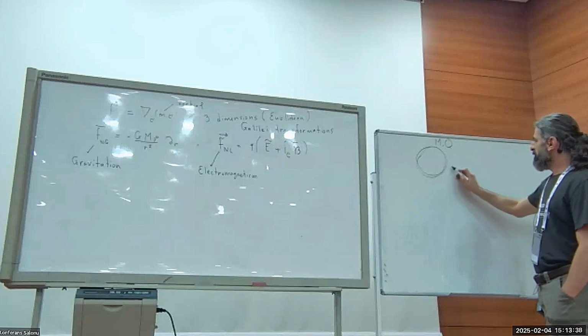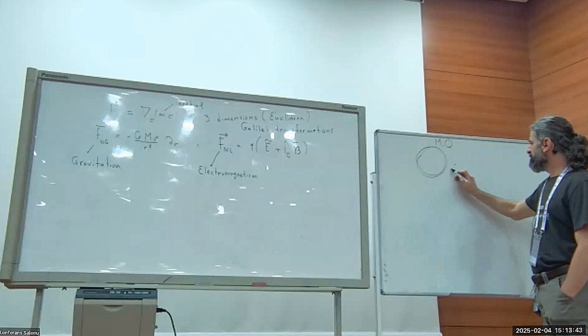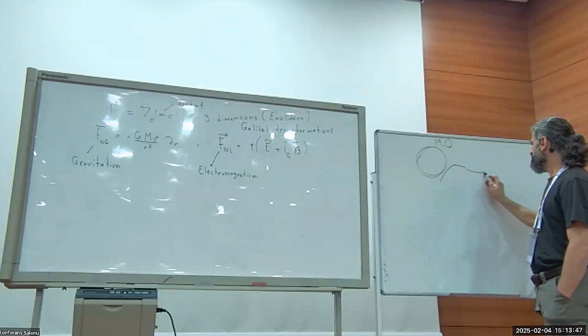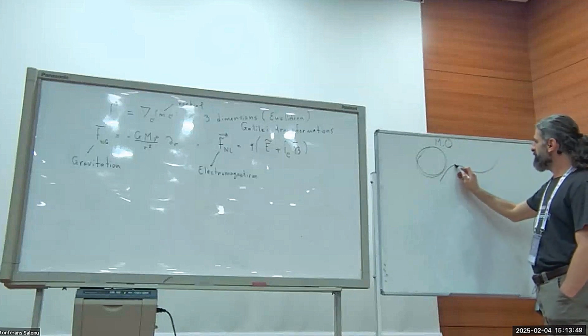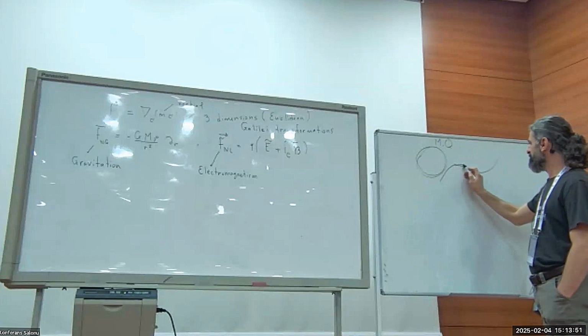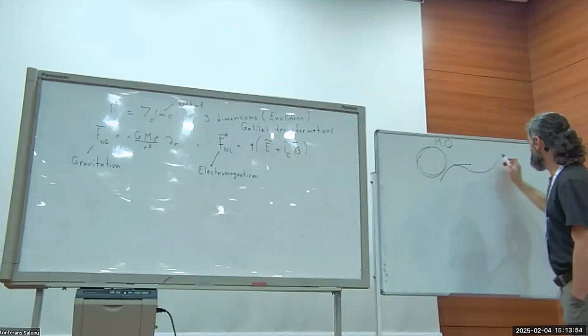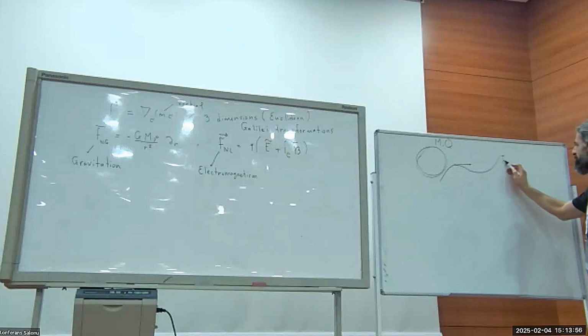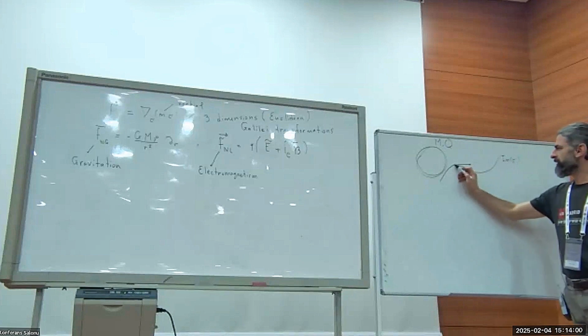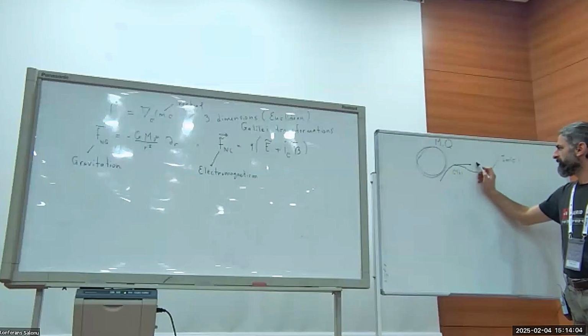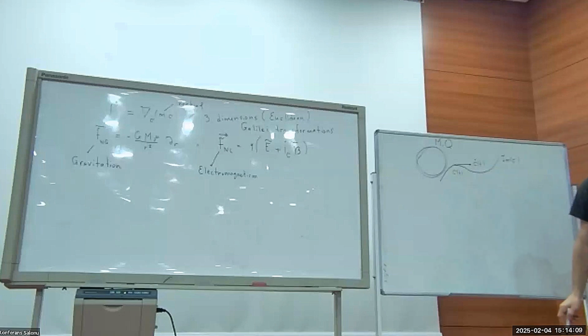So we have a particle here. For example, the image of this curve is given in this shape. Okay, this is the point. This is the vector at that point. Okay.